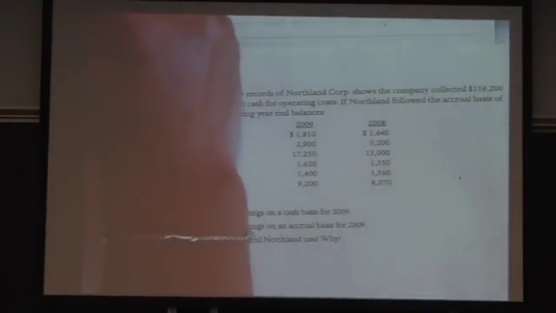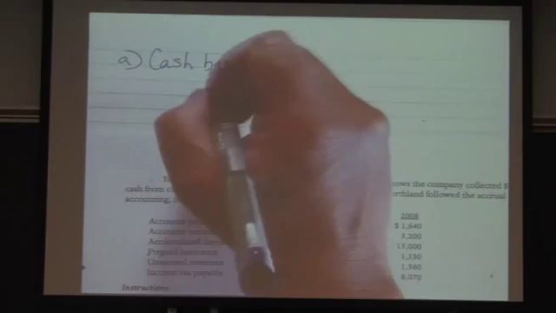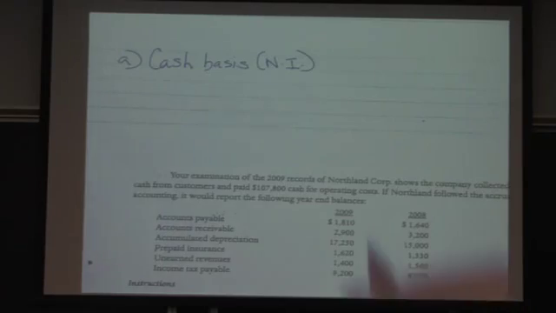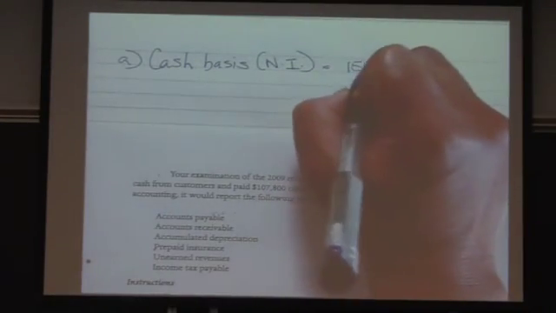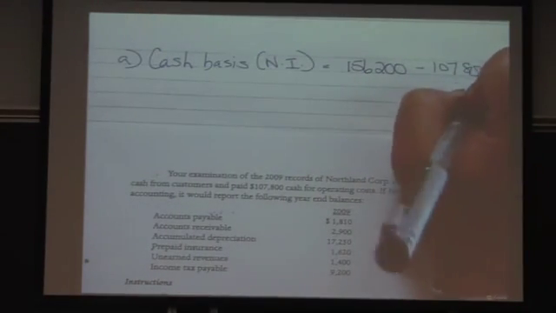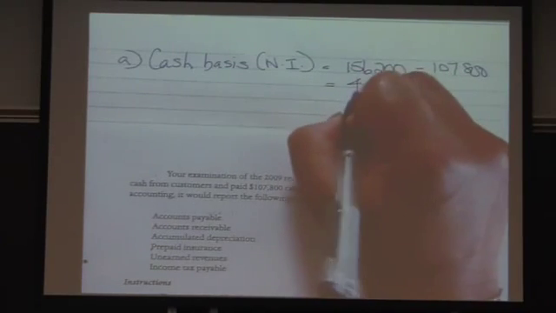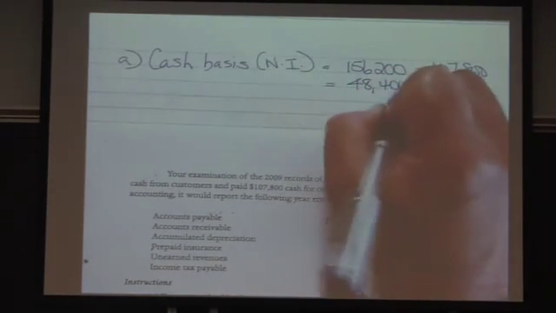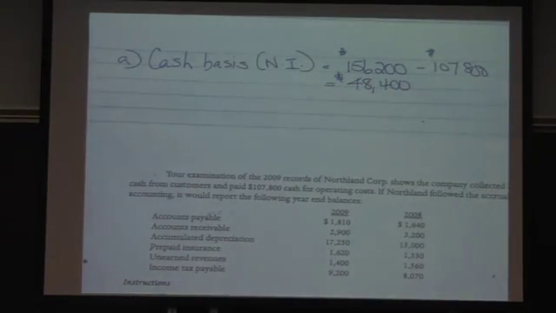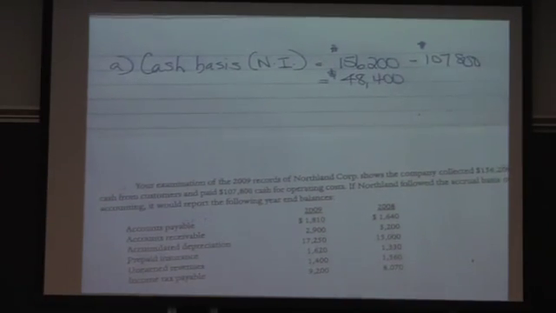So to answer part A, under the cash basis, net income, so I'll short form that to NI, or net earnings, equals 156,200, which is cash received, minus 107,800. So the net income is 48,400. Okay? So that answers part A to the question. So what is the net earnings under the cash basis?